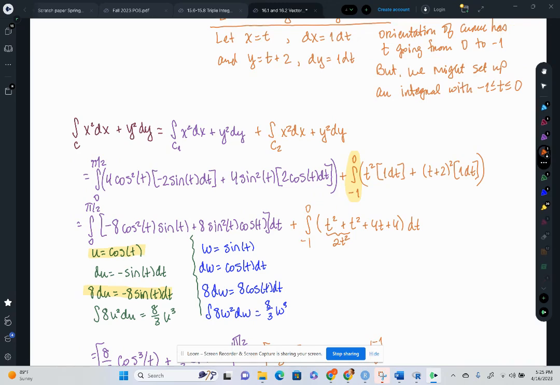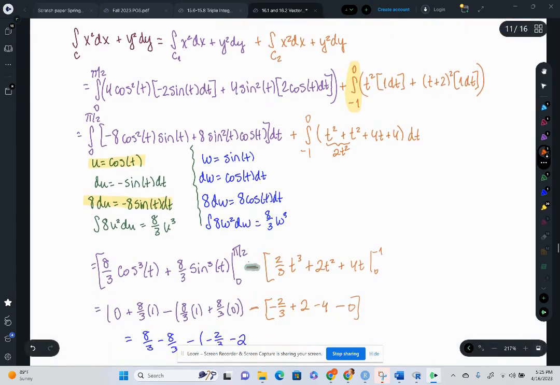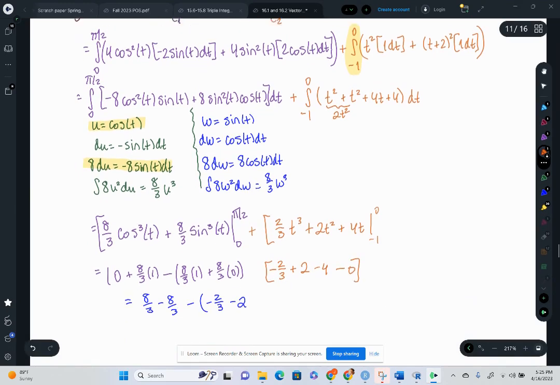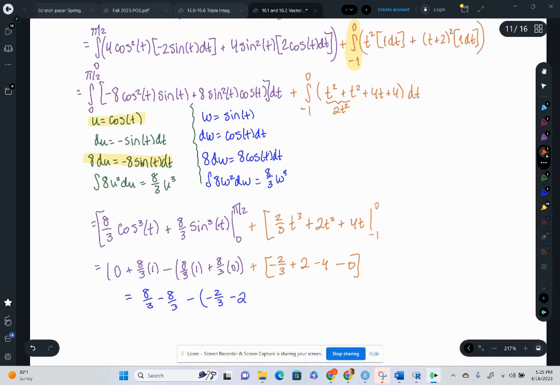I think that's the best thing to do. So instead of having these minus signs, I'm going to keep it positive, keep it from -1 to 0, and then I'm going to handle everything here in just a moment.